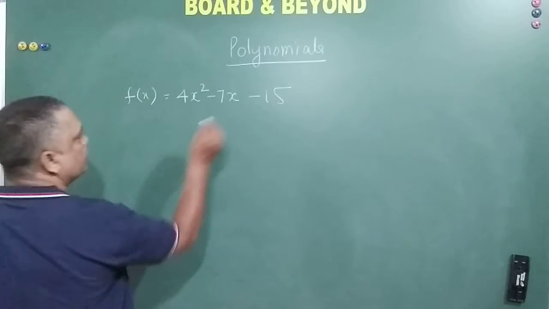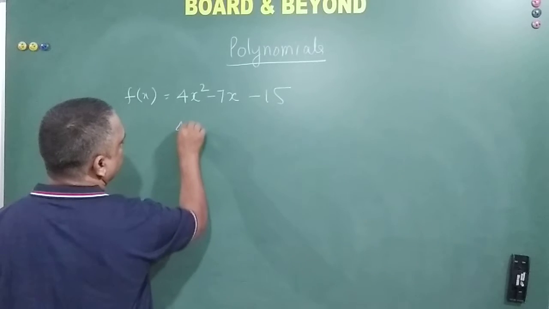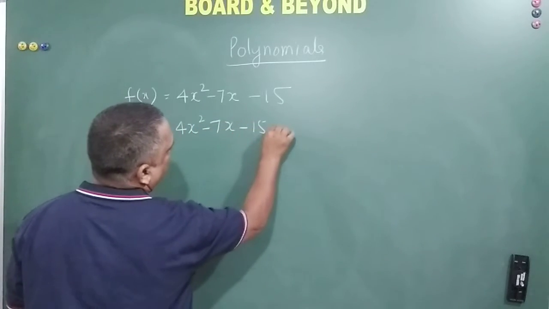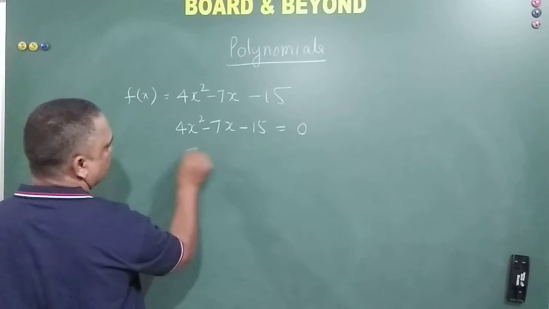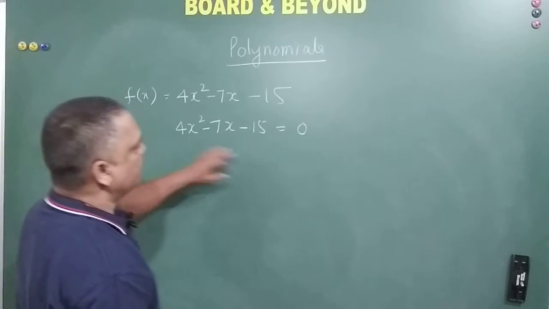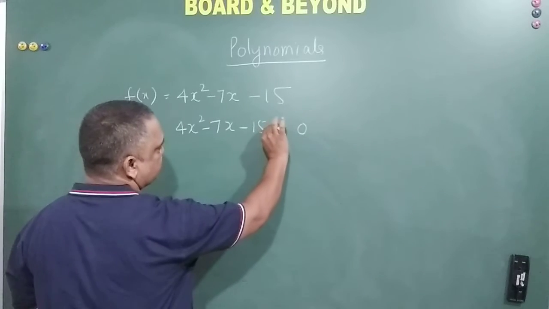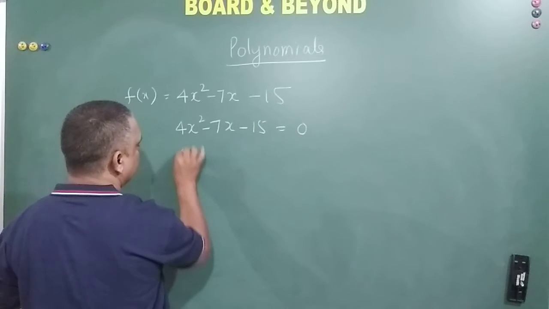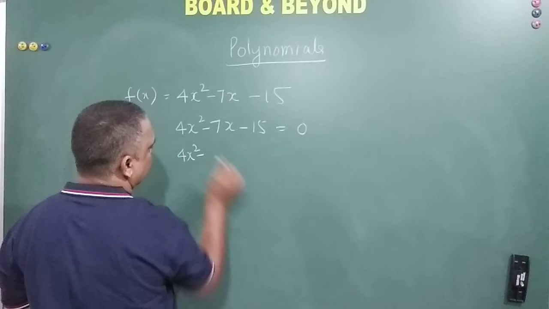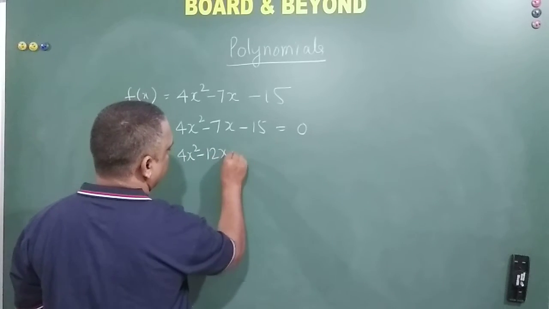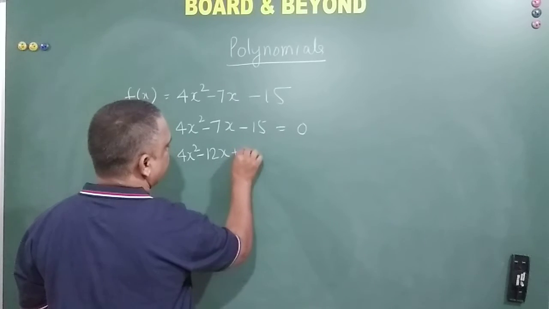Okay, so what we do is that we equate it to 0. So again we will split the middle terms. Okay, for that we will multiply the first and the last term. Let us not get into that depth now. Okay, plus 5x.